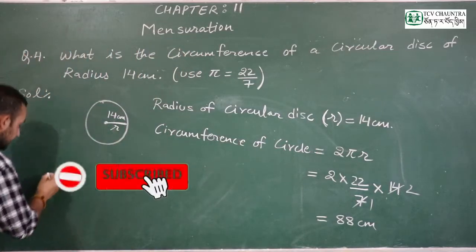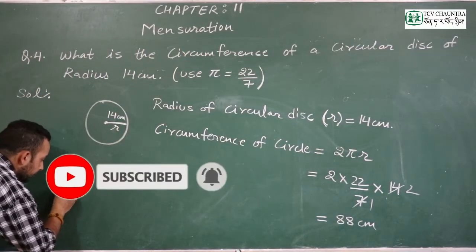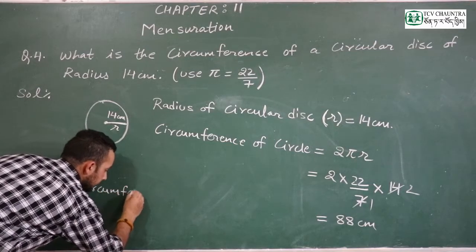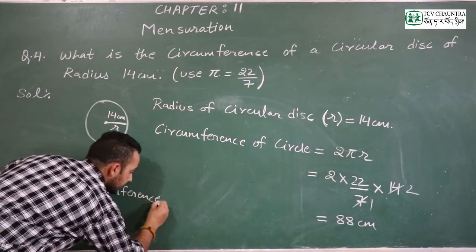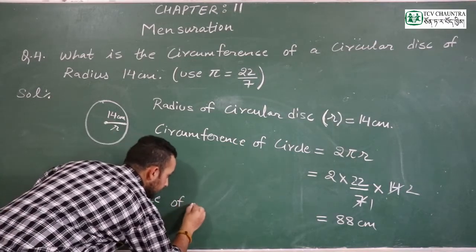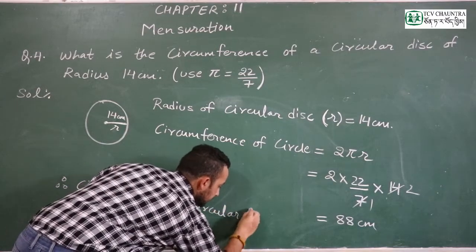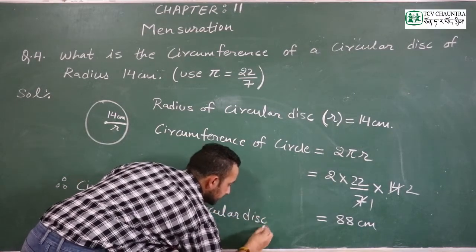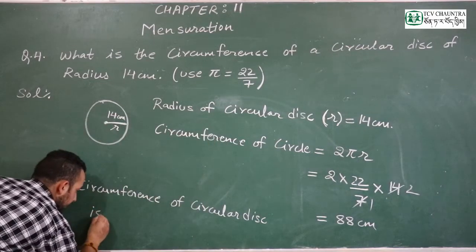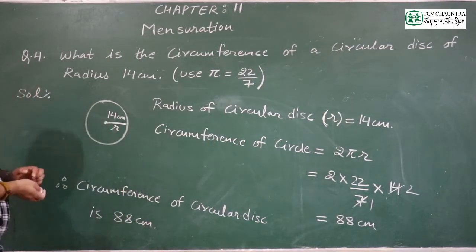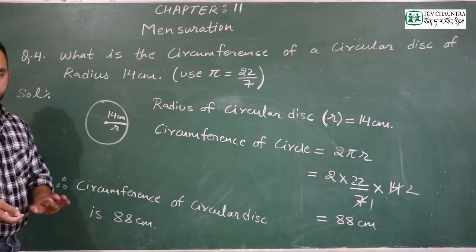So you will say that therefore the circumference of the circular disc is 88 centimeter. Okay class, so this is the answer to this question.